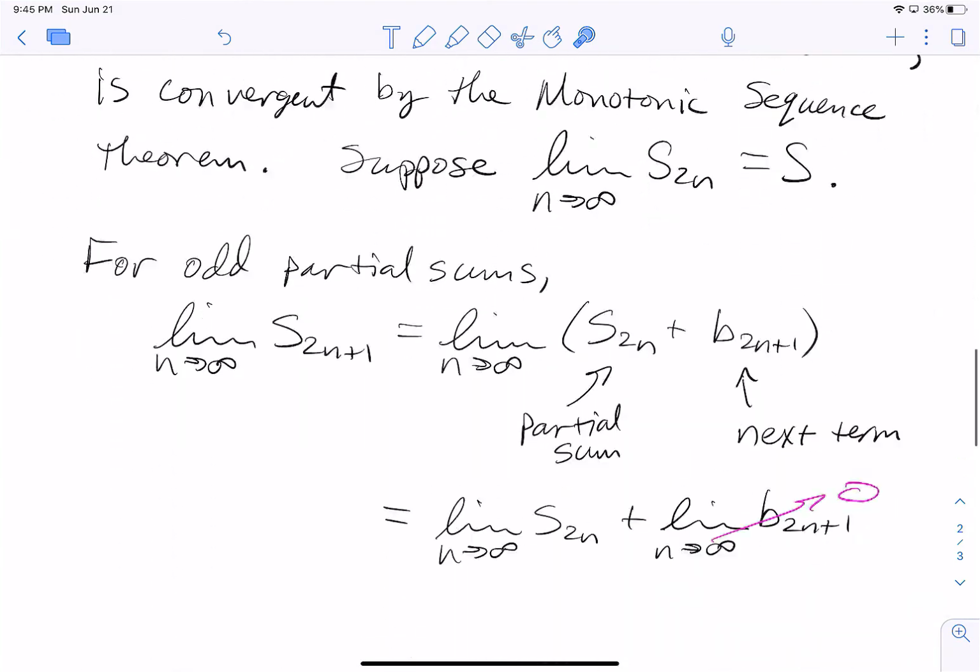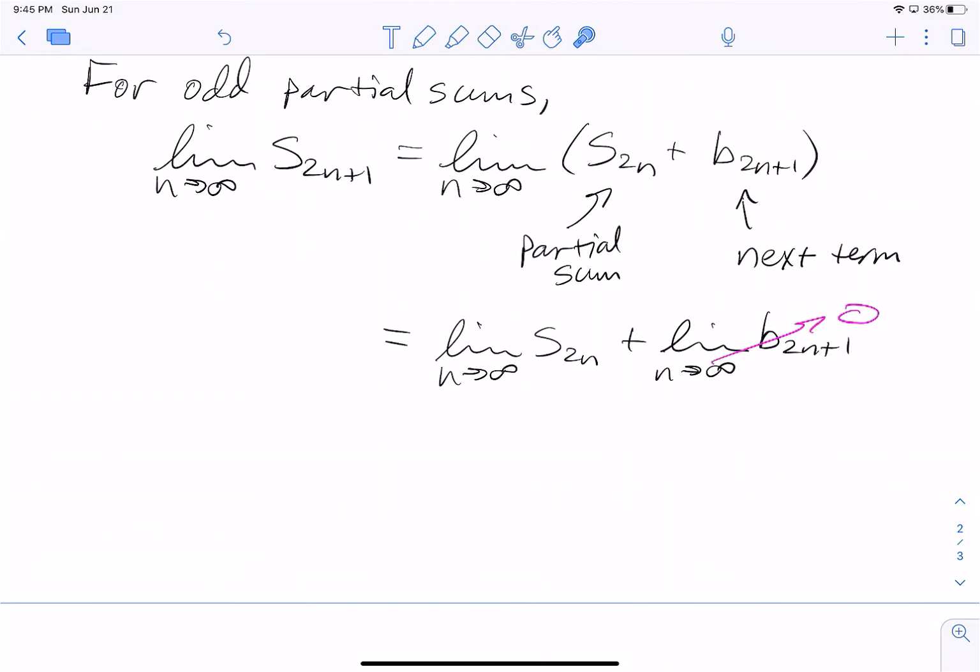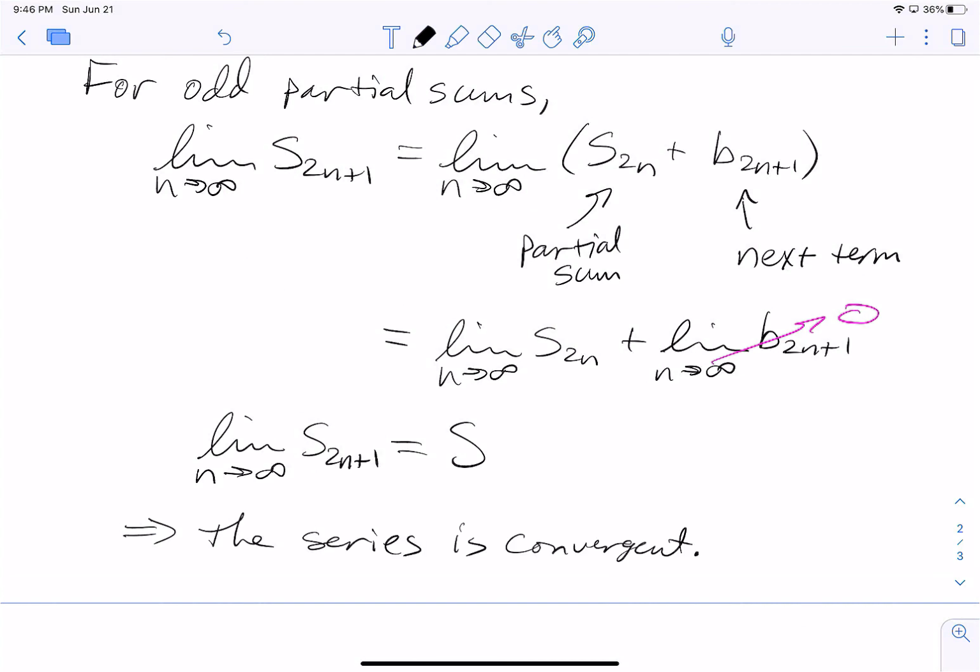Now we're using that fact. And as we said, the limit as n approaches infinity of s_2n is equal to S. Now, we started out this particular expression as the limit as n approaches infinity of s_(2n+1). We have now shown that the odd partial sums also have a limit of S. This would imply that the series is convergent. And that concludes the proof.